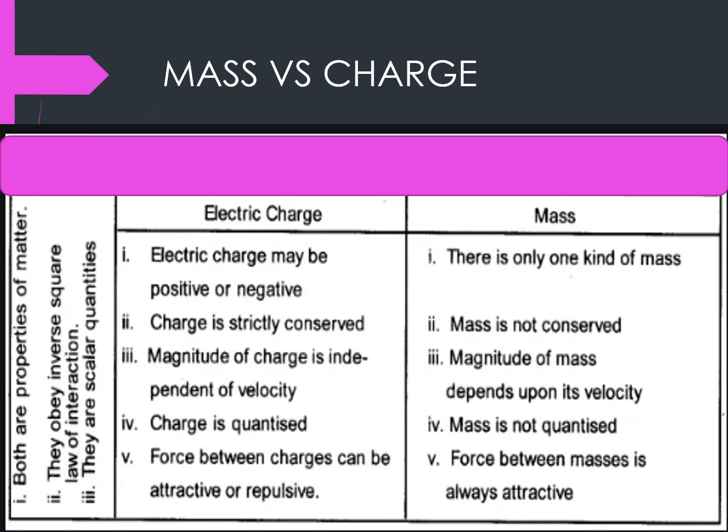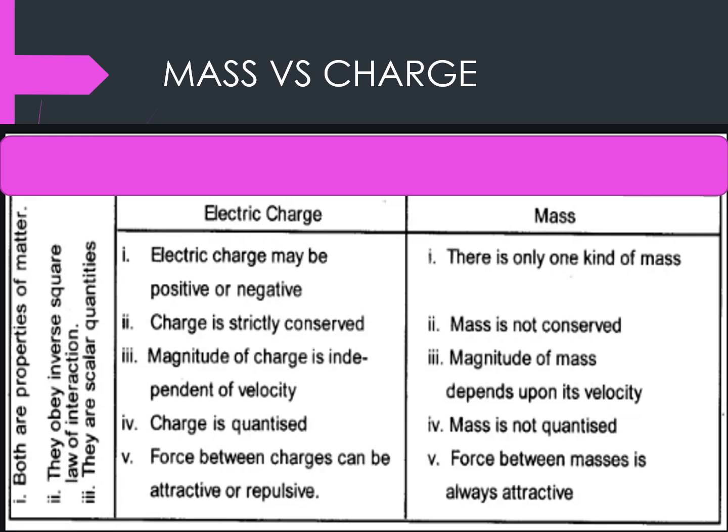Next, in the case of both mass and charge, the force that acts, that is the gravitational force for mass and the electrostatic force for charge, both obey the inverse square law of interaction. Next, charge is a derived quantity and mass is a fundamental quantity.